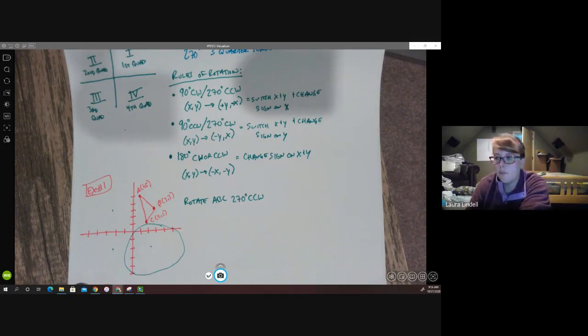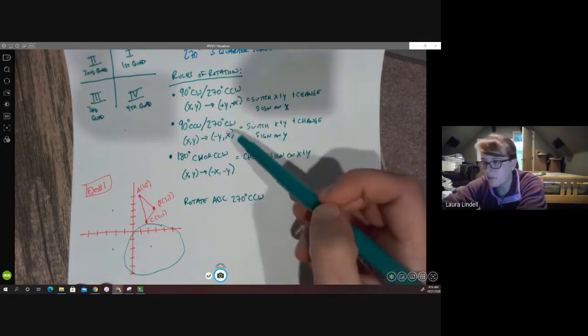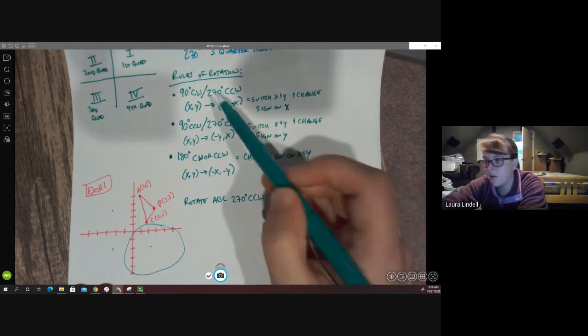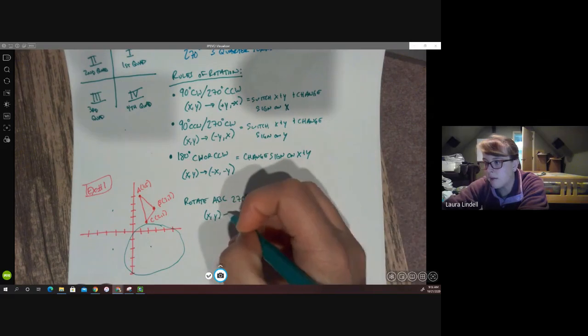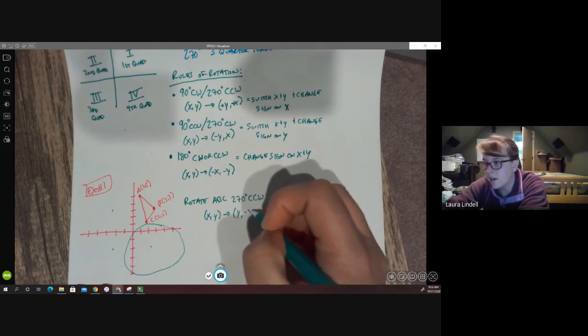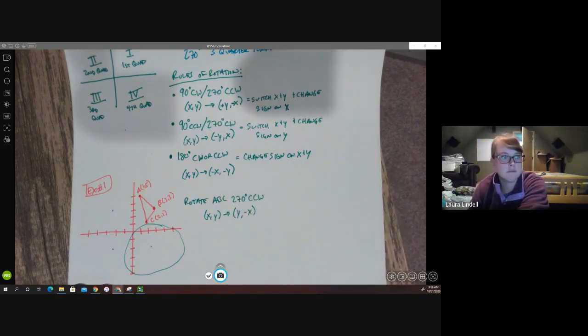Okay. Then we have to go, okay, from my rules of rotations up here, 270 counterclockwise is this one. We go from x, y to y, negative x. So I'm going to take my coordinates here.